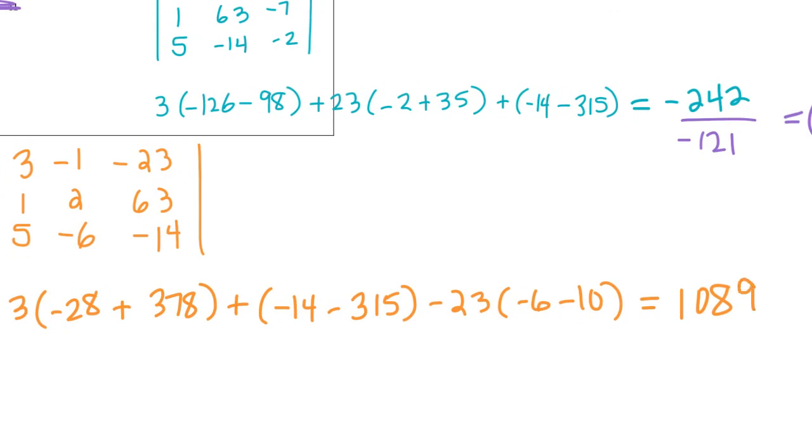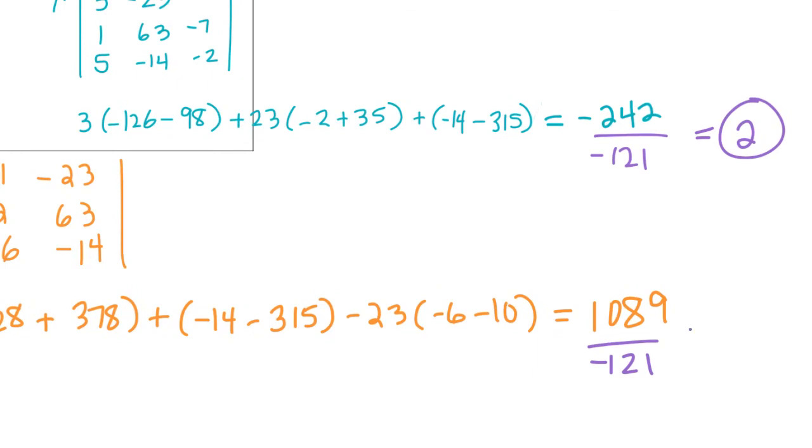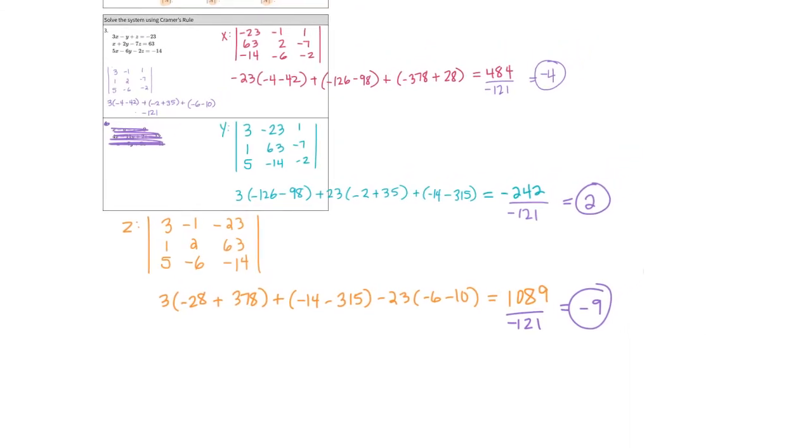Okay, but we still need to divide that by the determinant of the original, which was negative 121. So when we do that, we get negative 9. Okay, so now I have values for all three variables, x, y, and z.